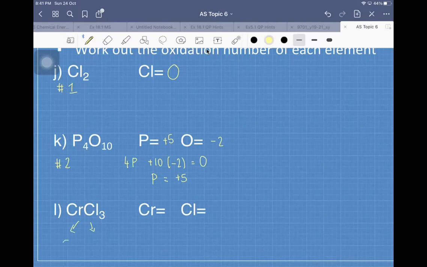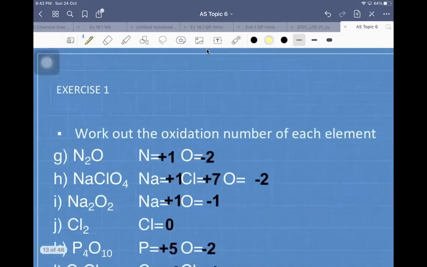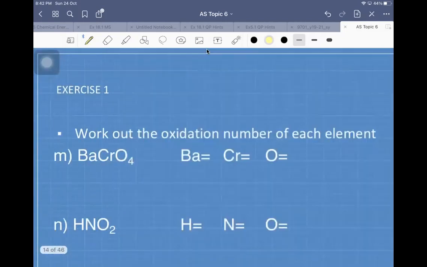If I break that down into ions, Cr3+ and Cl-. So you can easily see the oxidation number of chromium is +3. The oxidation number of chlorine is -1. Right, so that's the first part.